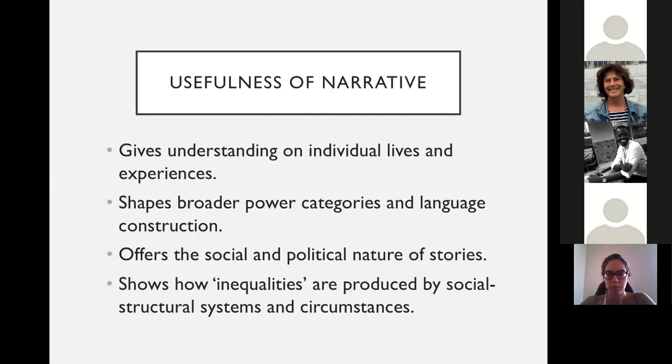Now, how useful then is narrative? And I think that's a big question. For the kind of research that I did, narrative was very useful because it opened up so many avenues through which the lives of these individuals, their experiences could be not only understood, but appropriated in a way.